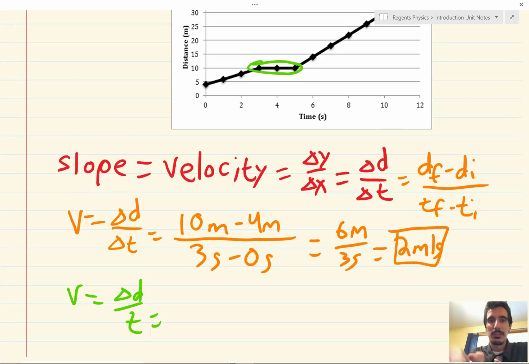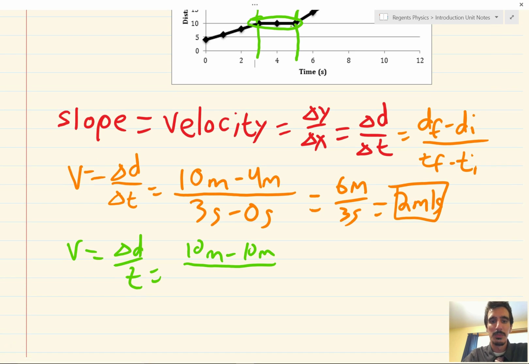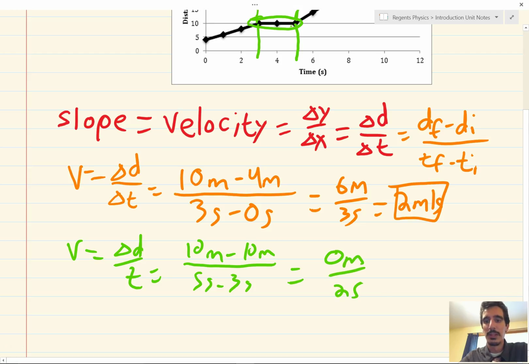Our change in distance, well, we end up at 10 meters and we start at 10 meters, so it's 10 meters minus 10 meters, over 5 seconds minus 3 seconds. 10 minus 10 is 0, 5 minus 3 is 2. 0 divided by anything is 0, so the velocity is 0 meters per second.